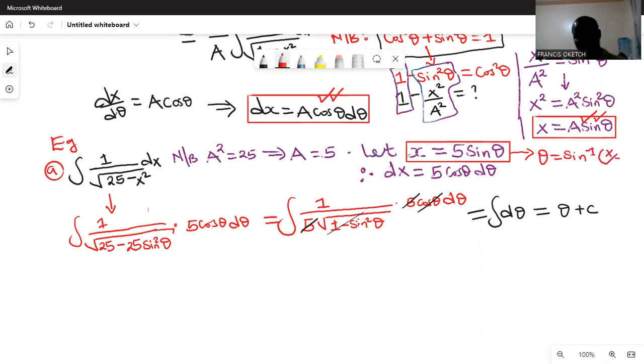So our answer is sine inverse of x over 5, then plus a constant c. That again is very simple.